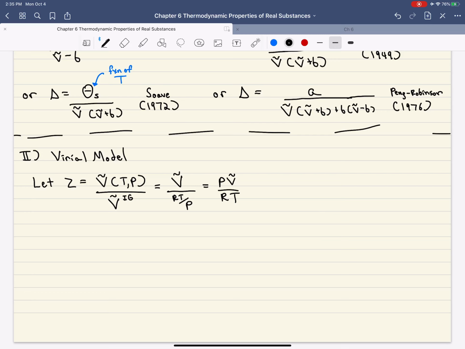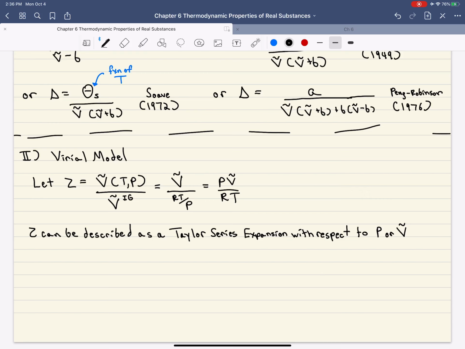Now, that's what Z would be equal to. But to make this more useful, we could also describe Z in a different way. What we could do is describe Z as a Taylor series expansion with respect to pressure or volume.